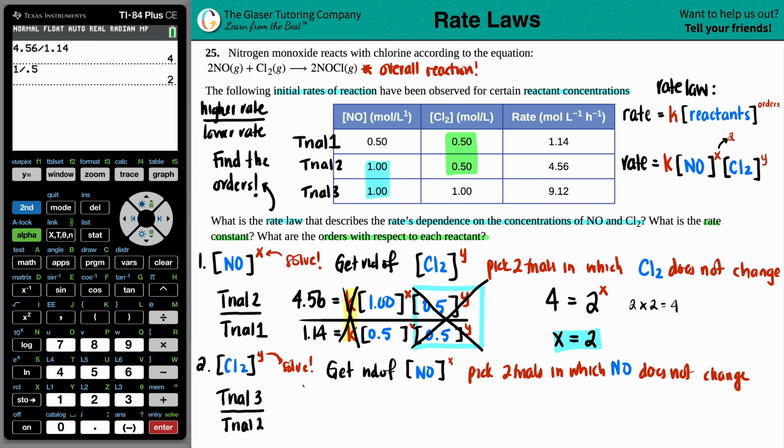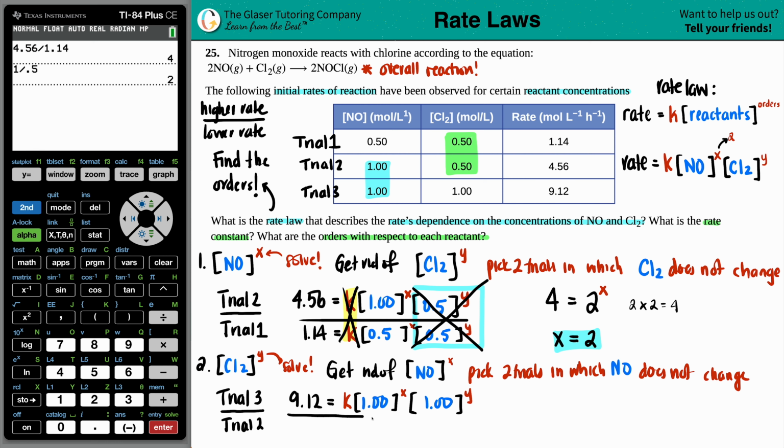So for trial 3, we have 9.12 equals the K times the concentration of these 2 guys. And for trial 3, NO was 1.00 and the other one was 1.00. They were both raised to the x and the y.